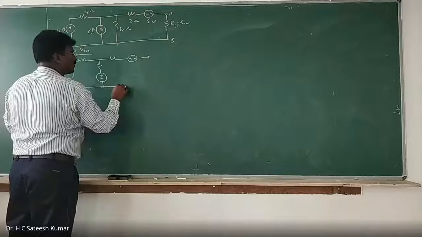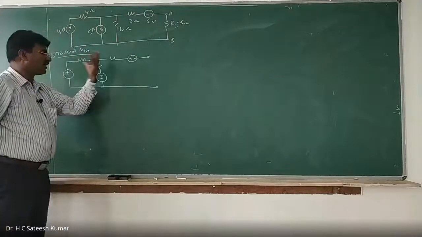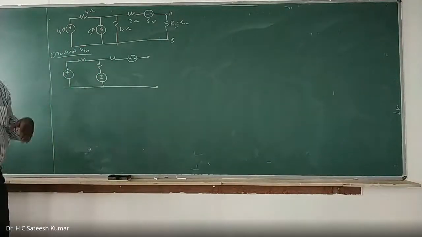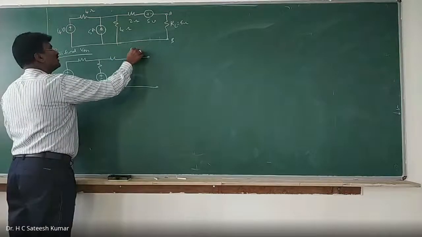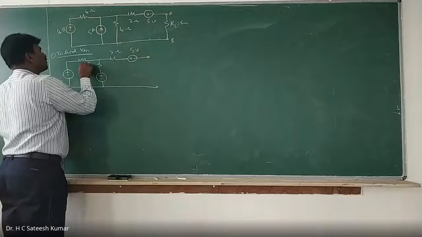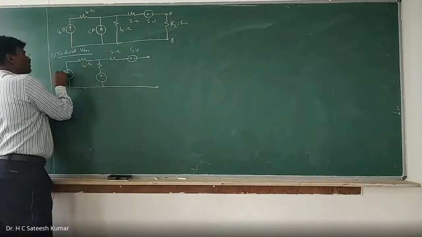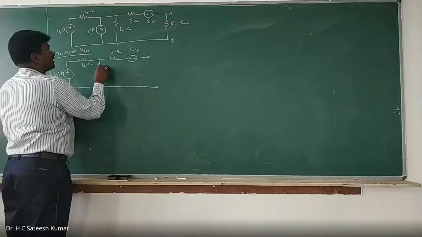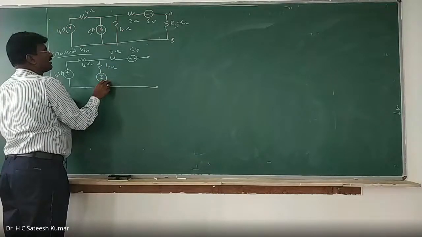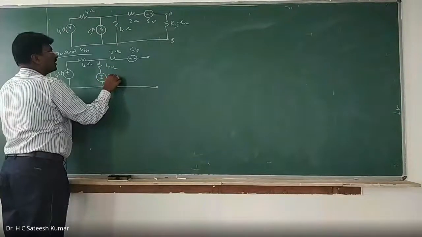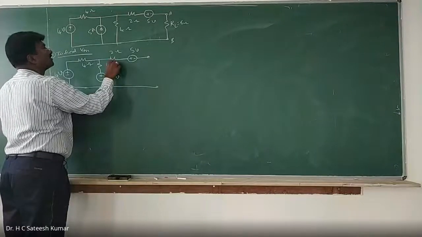You make it open now. After finding the equivalent circuit, connect RL equal to 6 ohm and find the current. So this is 5 volts, this is 2 ohms, this is 4 ohms, this is 4 volts, and resistance 4 ohms, and V is equal to I into R, 5 into 4, 20 volts, and this is 2 ohms.